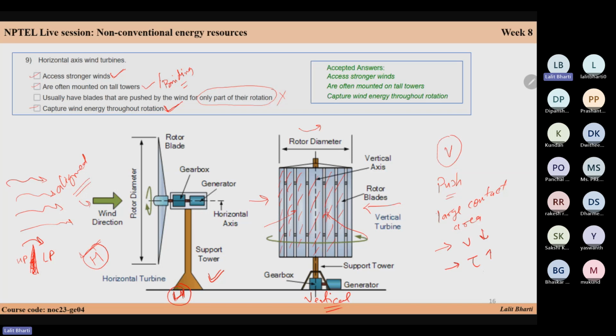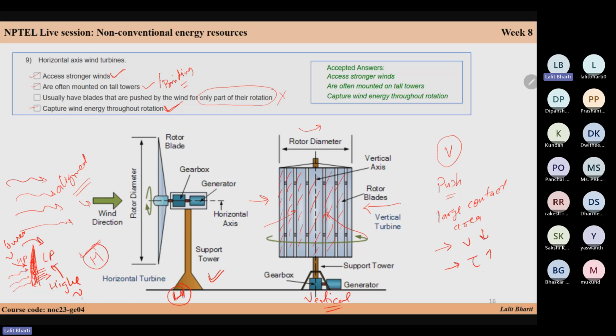Your blade will be curved in such a way that when the air is pushed, let's say this is your wind, the wind speed will be higher in this region, higher V, and lower in this region, lower V. It is all due to the design of the blade.